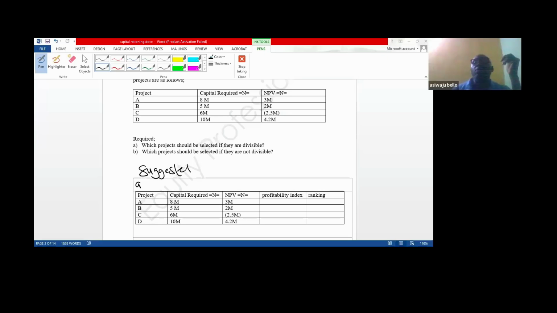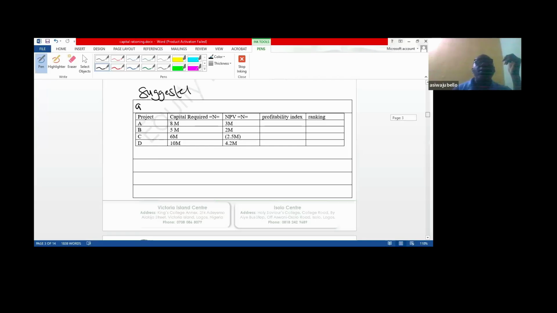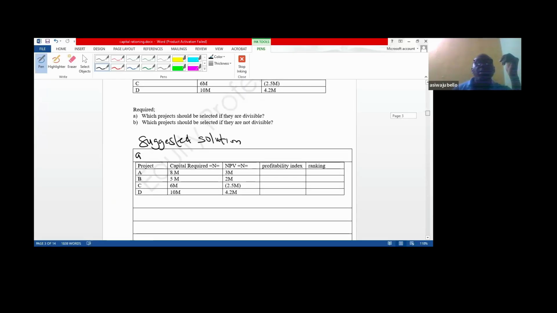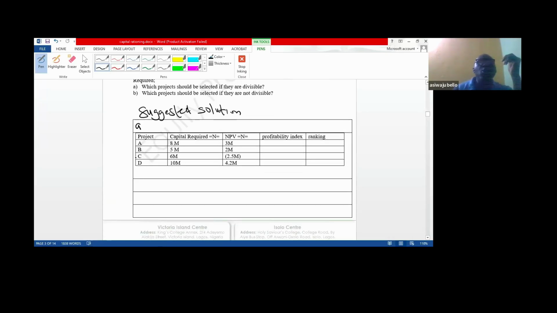Okay, let's go on. Suggested solution. Any project with negative net present value must be removed. That means project C is not viable. Look at this. Rejected.